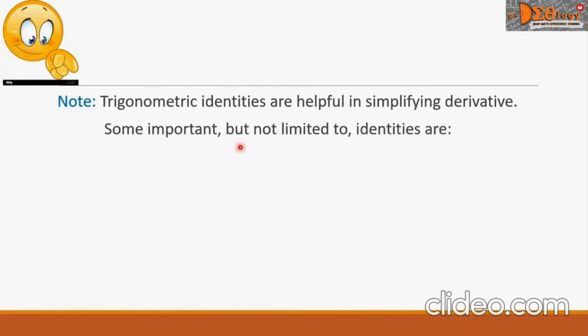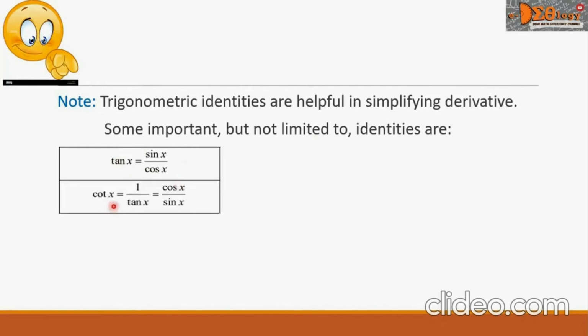Some important but not limited to identities are: tangent x equals the fraction sine x over cosine x. Cotangent x is equal to 1 over tangent x.